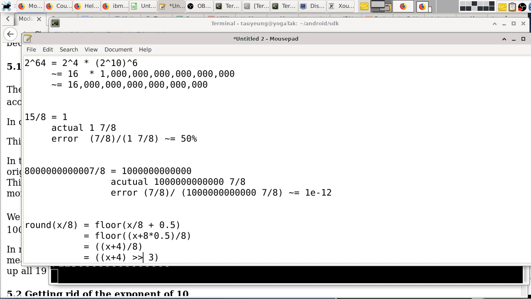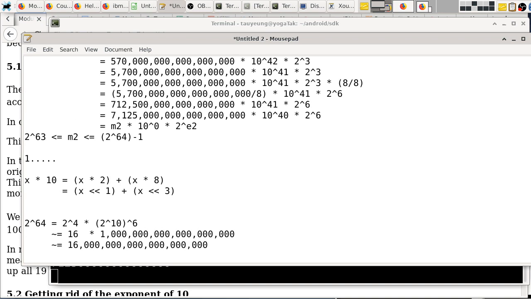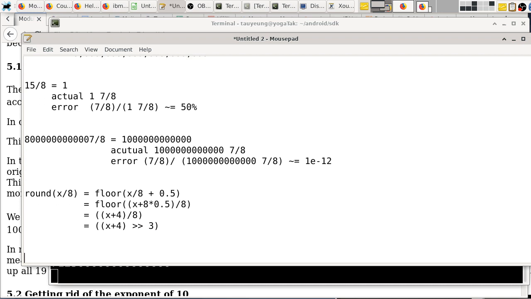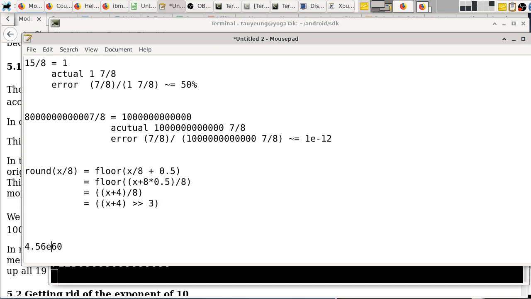All right. But wait, this particular scheme only works when we're dealing with something that has a large power of 10 to begin with. Okay? So what do we need to do if we want to go the opposite direction? In other words, what if this is what we're given? Then what do we do? What do you think?